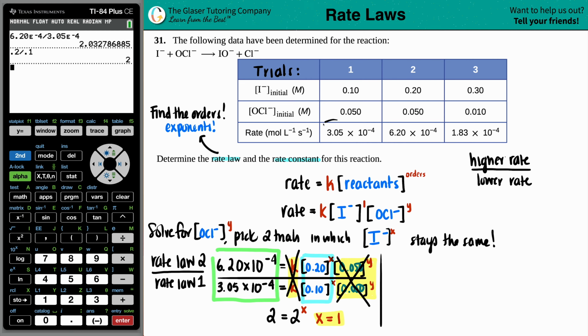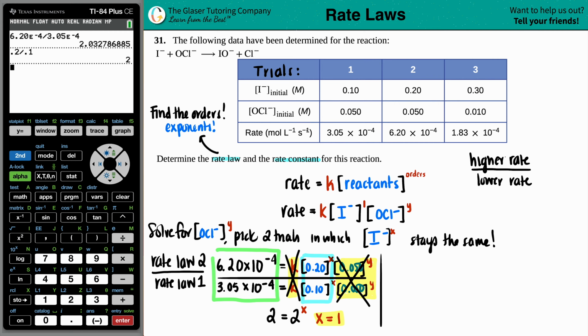So let's see. I can't do this one because then the OCl minuses would cancel out. So I either do a 3 with a 1 or a 2 with the 1. No, just kidding. I need to do a 3 with the 1 or a 3 with the 2, because in those instances you have a change in the OCl minus, and that's what we want to solve for.